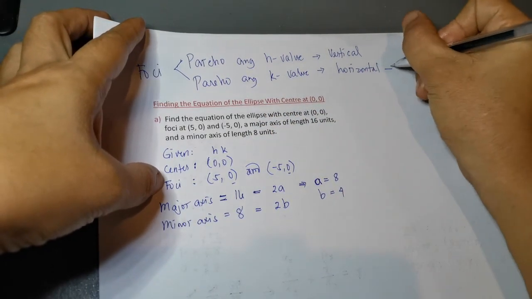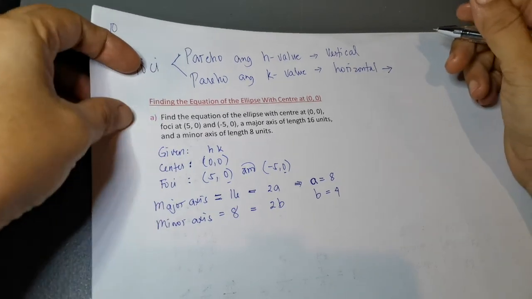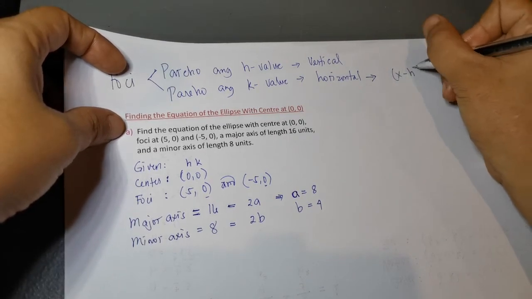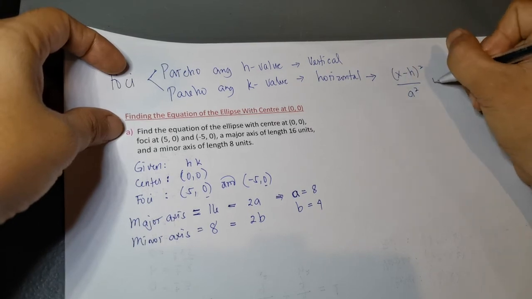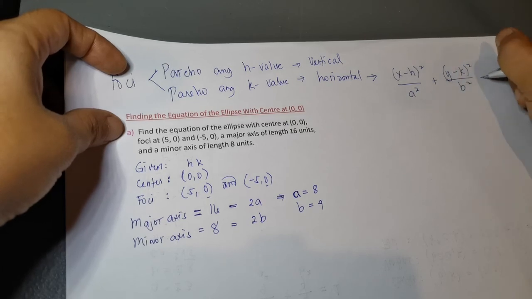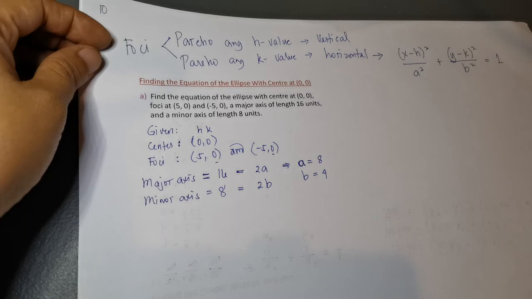Ito ay horizontal. So, ang gagamitin natin equation ay x minus h, quantity squared over a squared plus y minus k, quantity squared over b squared equals 1. Ayan, hindi ako galit. Pagod lang.